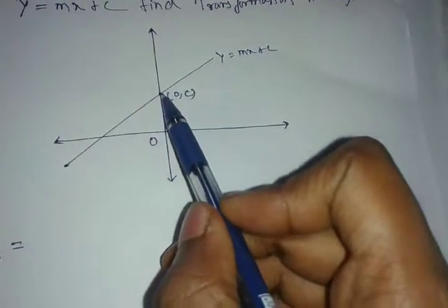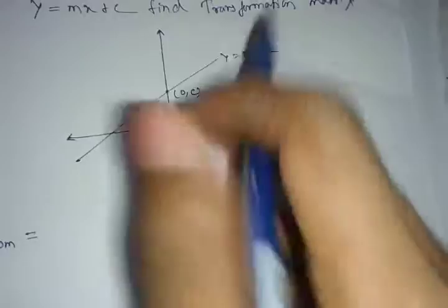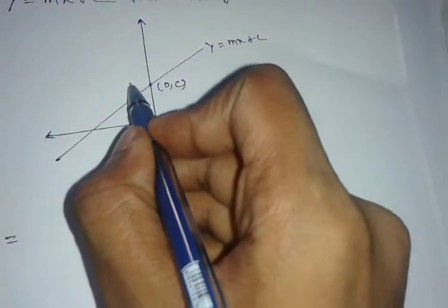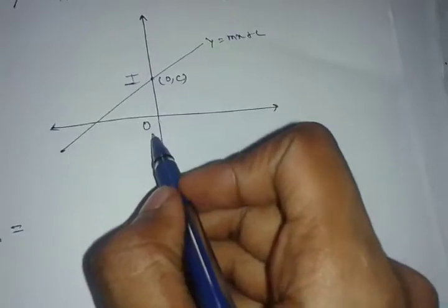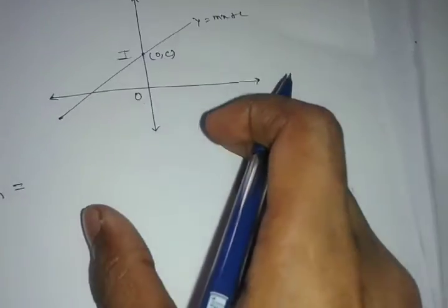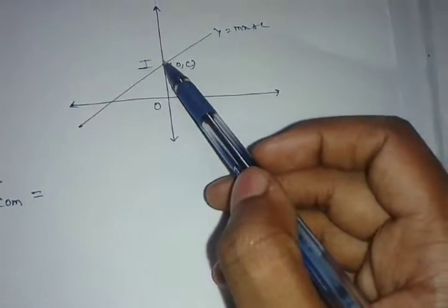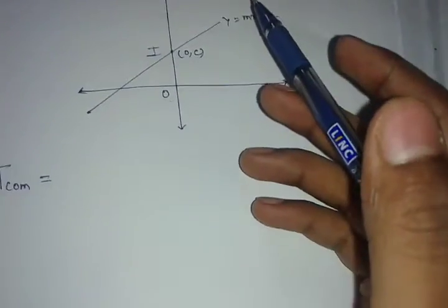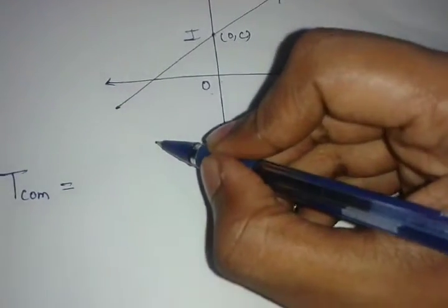You need to just drag this line such that, suppose this is point I and this is point O, drag this point downwards until I and O coincide. Fine. So this will be like this.